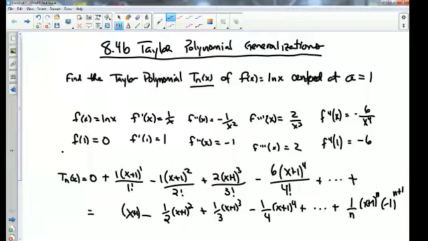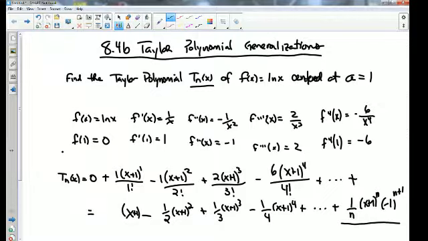That would be a generalization for that Taylor polynomial. We're just finding the pattern and writing out a general way. If I plug 1 in, it gives me the first term, 2 in, it gives me the second term.